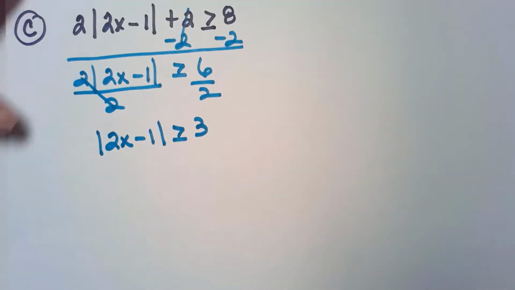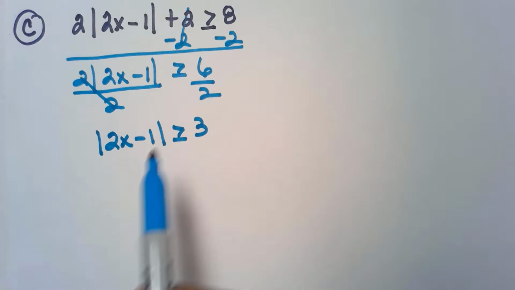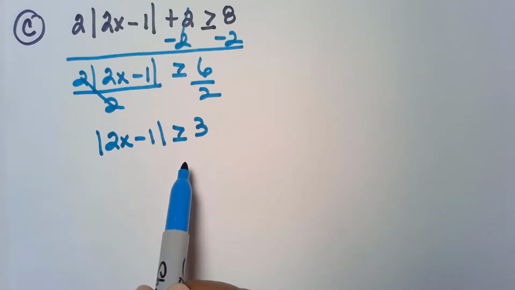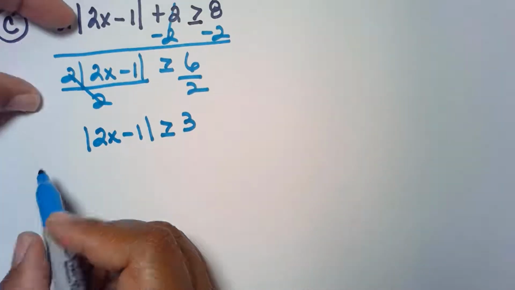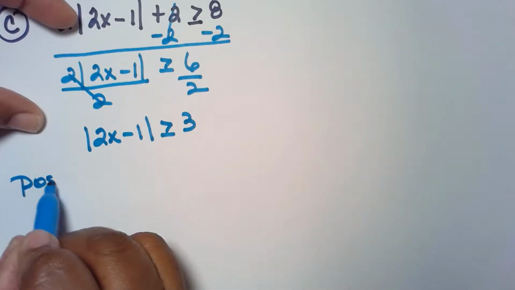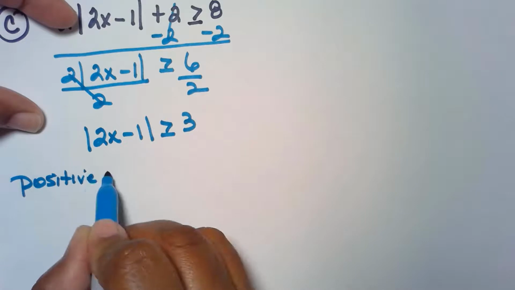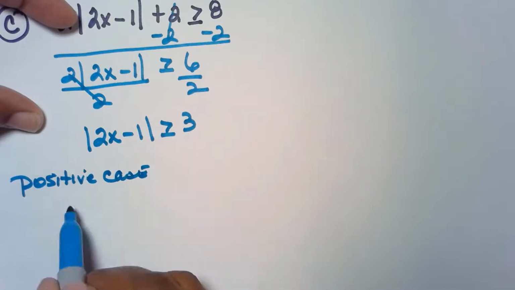So we're going to solve here again. We isolated the absolute value. We're going to solve this inequality as if it was an equation. Consider a positive case and a negative case, dropping the absolute value.